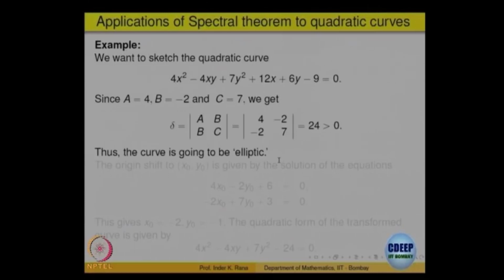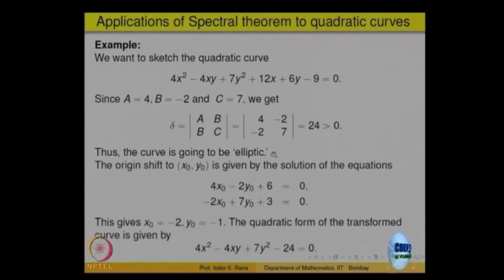First of all, what is the shift of origin? Where do we shift that origin to? Remember those two equations. These two equations give the shift of origin. That was shifting x to x tilde plus x0, y to y tilde plus y0, and making those other terms vanish, those two equations which came by putting those to 0.